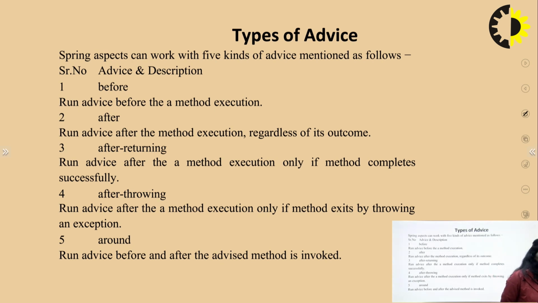After: run advice after the method execution regardless of its outcome. After returning: run advice after the method execution only if the method completes successfully. After throwing means run advice after the method execution only if the method exits by throwing an exception. And around means run advice before and after the advised method is invoked.